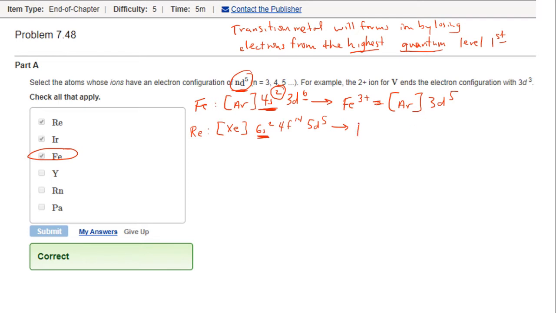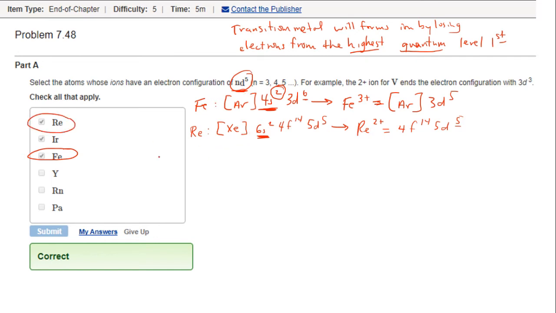So if we form rhenium 2+, our highest quantum level is 6s. So we lose those 2 electrons here, and we'll be left with 4f14 5d5, again giving us the requested d orbital configuration for rhenium if we form a 2+ ion.